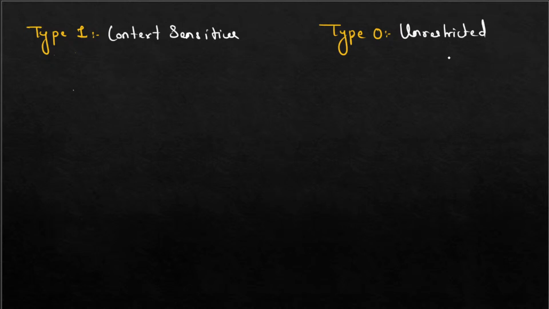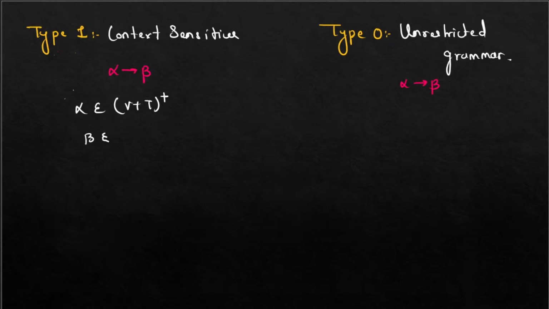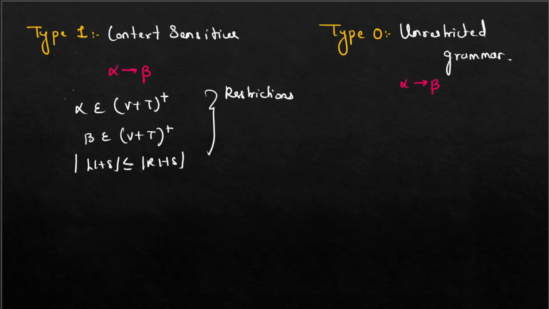In context sensitive, it will be alpha deriving beta, where alpha belongs to (V union T) plus and beta belongs to (V union T) plus, and the LHS length is less than or equal to the RHS length. These are the restrictions. For unrestricted grammar, alpha belongs to (V union T) plus and beta belongs to (V union T) star, and no restrictions are there.